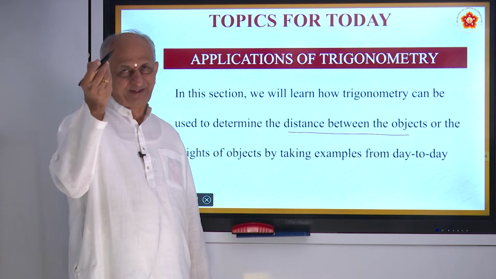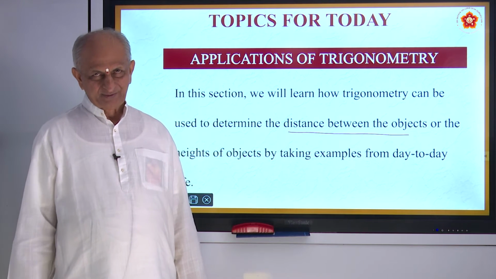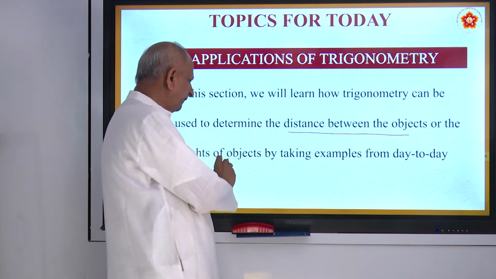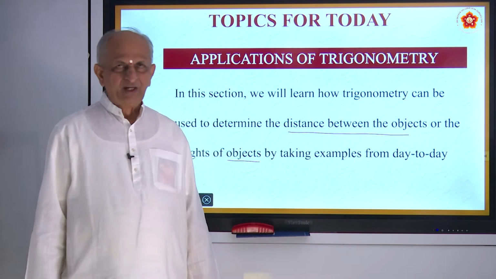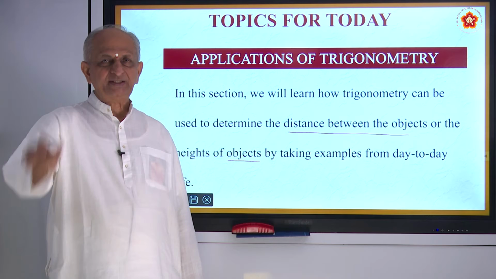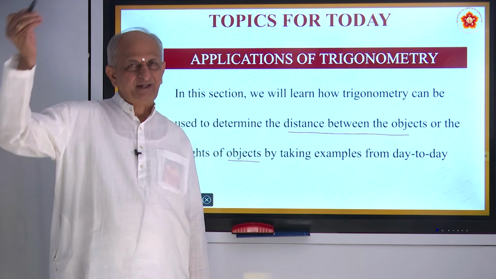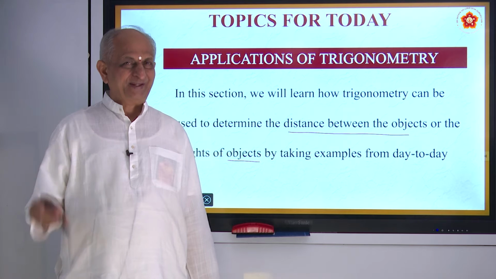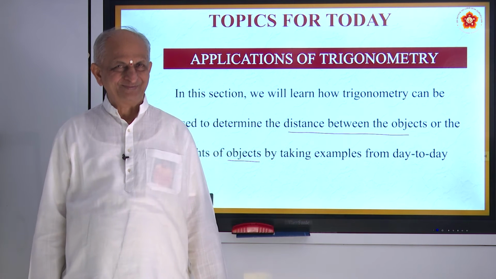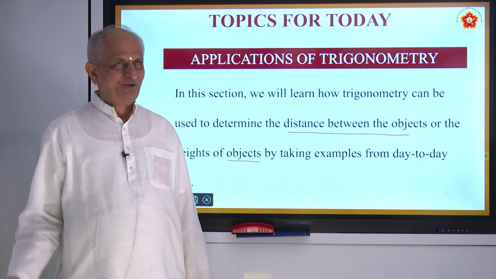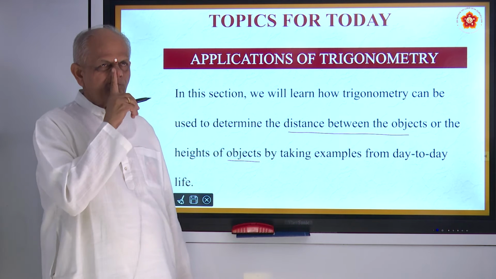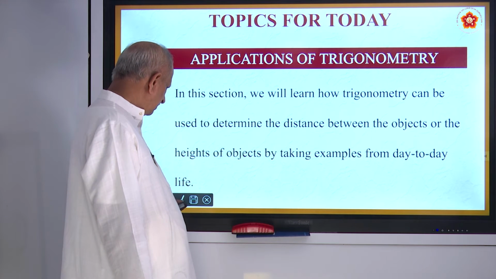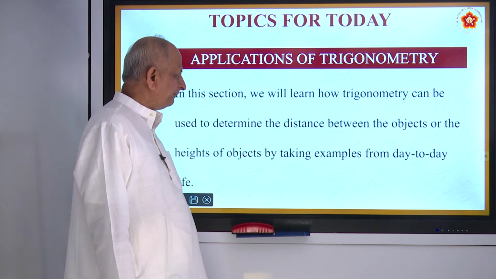Objects means something like trees, mountains, towers, etc. Or heights of objects. Height of the tower, height of the tree, height of the hillock. All those you cannot do by taking a scale or tape. Is it not? So, being at the bottom, you can find the height of the tower or tree, etc.